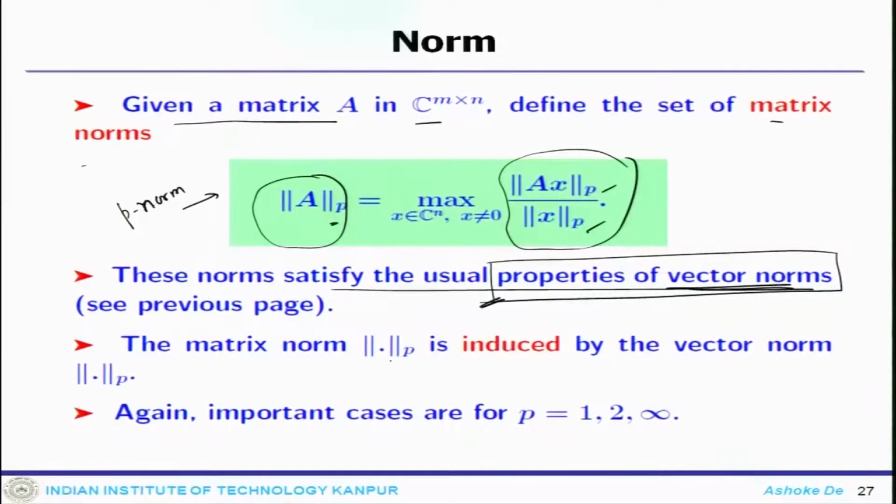Now, the matrix P norm is induced by the vector norm, and the important cases are P equals 1, 2 and infinity. Depending on the value of P, just as we obtained different norms for vectors, in this case also you can obtain those norms for P equals 1, 2 and infinity.